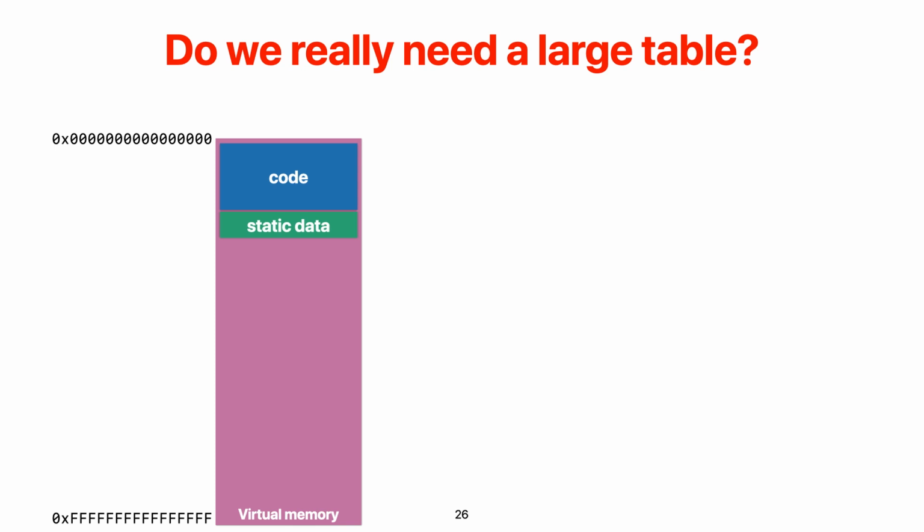Following the code section is your static data section, which contains the global variables that are statically allocated, already declared in your program. Then the rest of the space grows in two different directions. Starting from the end of your static data, there is a heap area, and starting from the end of your virtual memory space, there is a stack area.